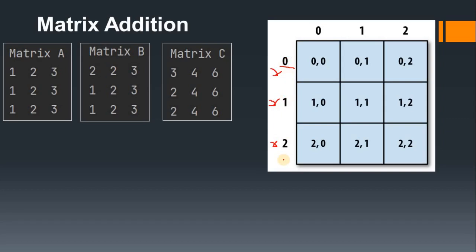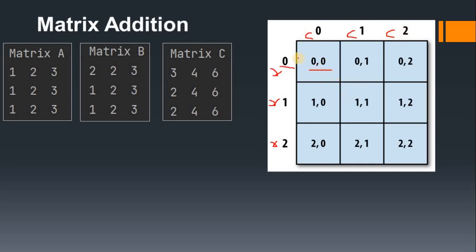It means we have a total of 3 rows, and the same for columns. We have the first column, second column and third column. This one represents the first row, first column. This 0, 1 means first row but second column. 0, 2 means first row and third column. In this way it represents the position of the values.